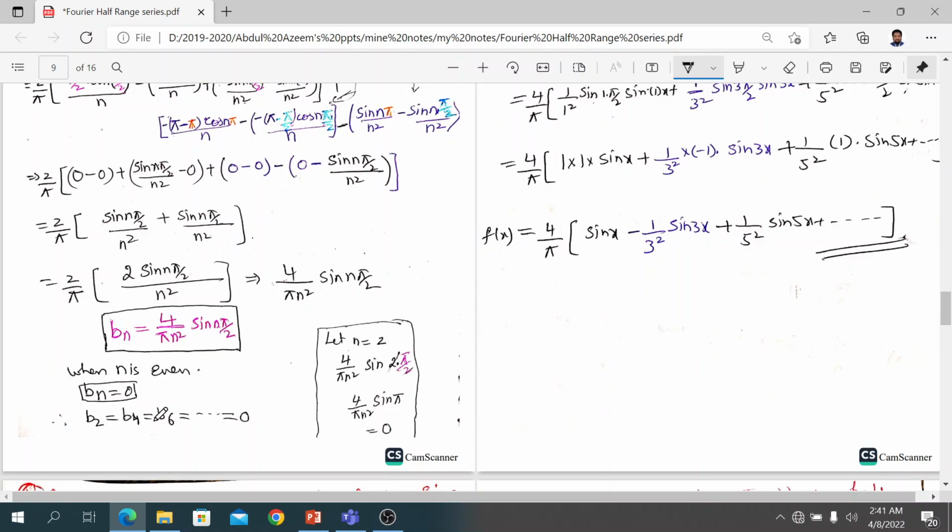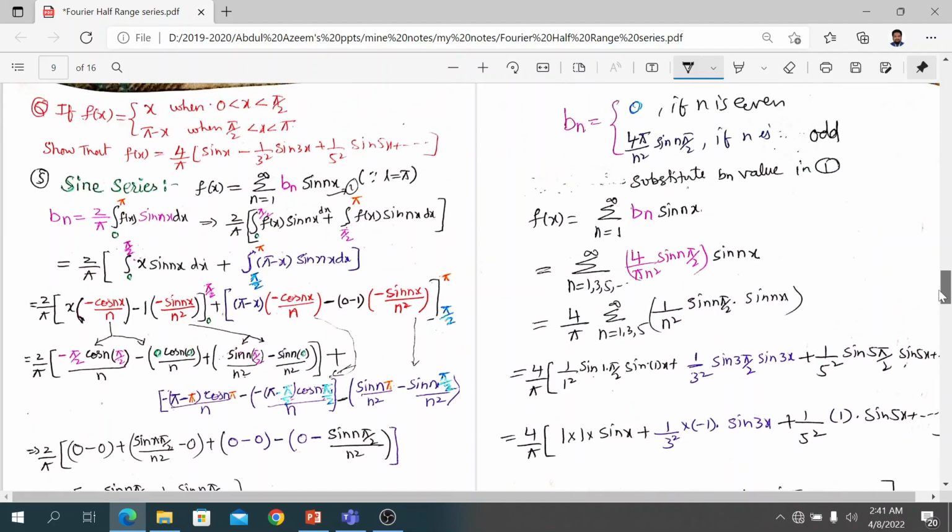That is, b2, b4, b6 all will be 0 if n is even. For example, if it is 2, 4 by pi into 2 square sin 2 into pi by 2, the 2 cancels, sin pi is 0, so it will be 0. Now the bn value will be 0 if n is even, and bn value is 4 by pi n square sin n pi by 2 if n is odd.